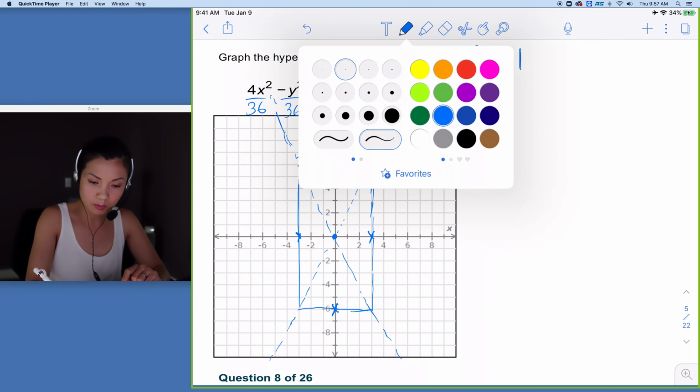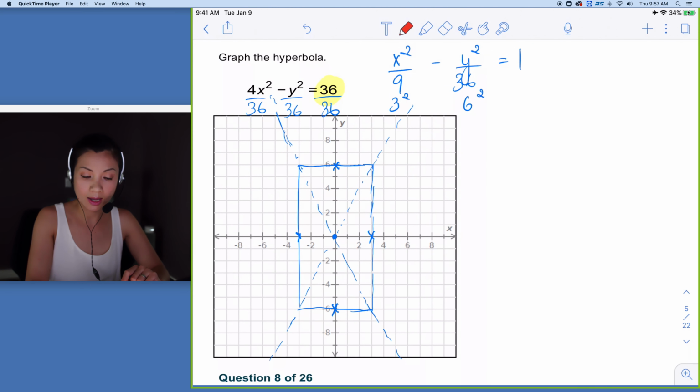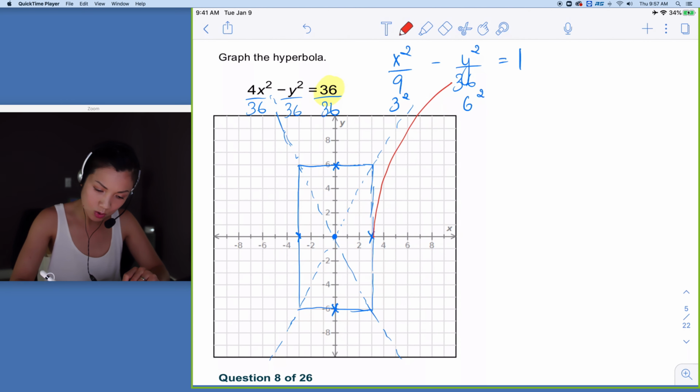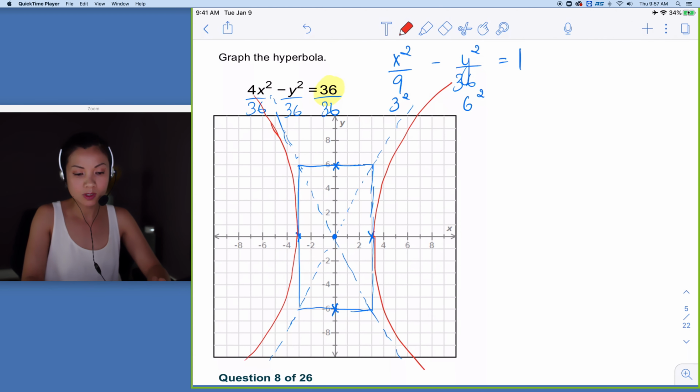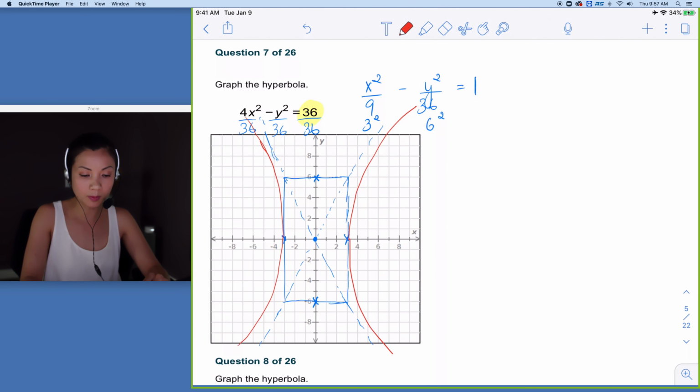And now I'm ready to draw the hyperbola. Now don't forget this is a sideways one, so I start from the rectangle and go to the asymptote, approaching the asymptote. Okay? So that's how we work with hyperbola.